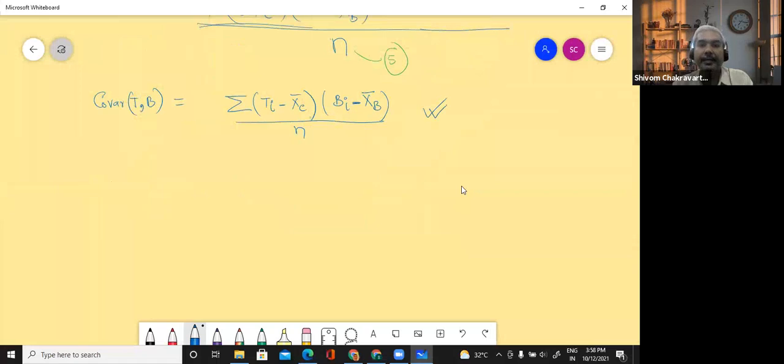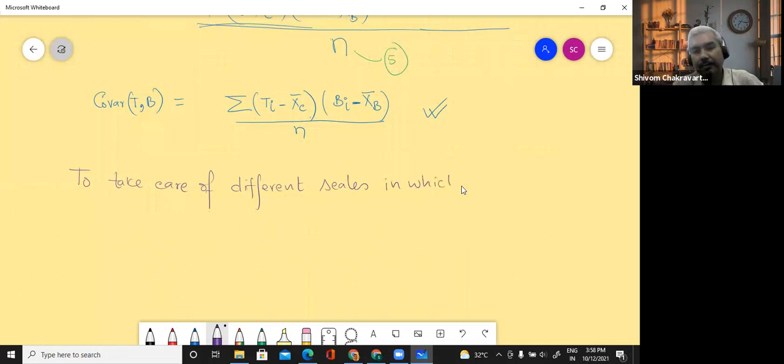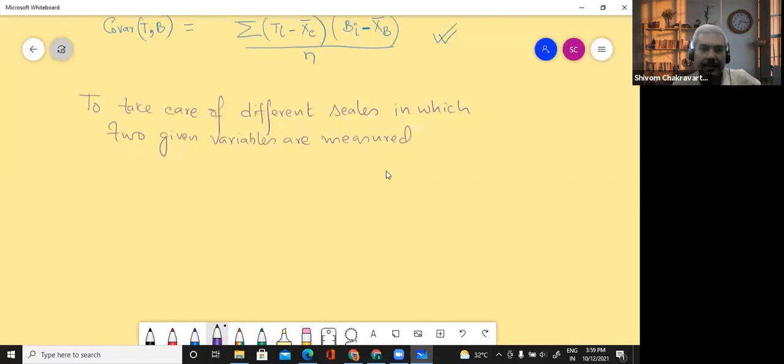That is, we divide by the standard deviation of each of these variables, to take care of the different scales in which the two variables, whose relationship we are interested in finding, are measured. We standardize the covariance.